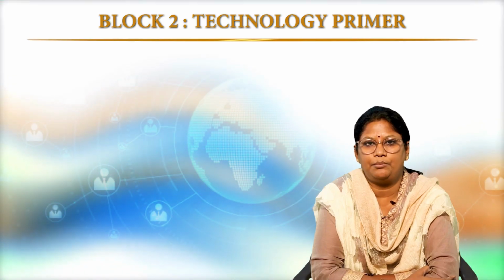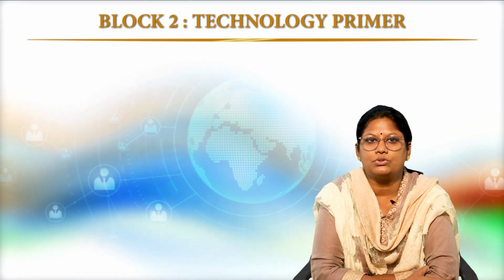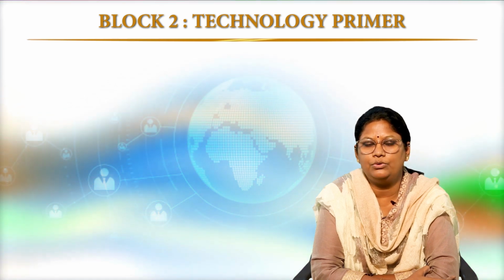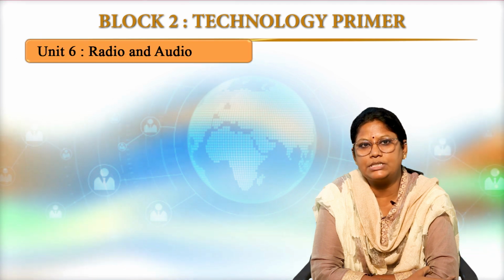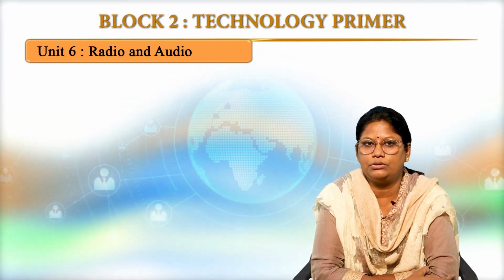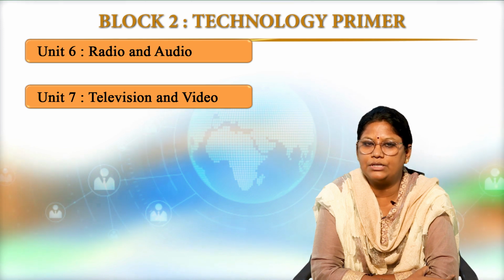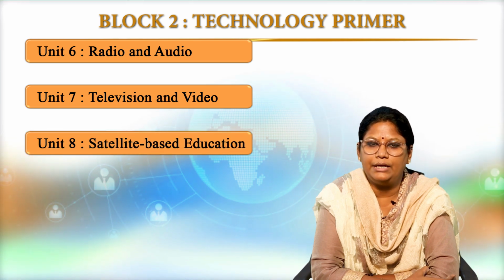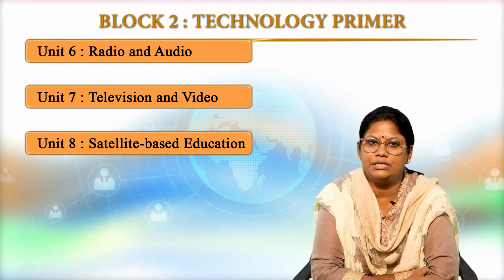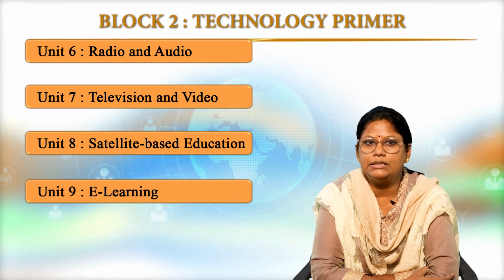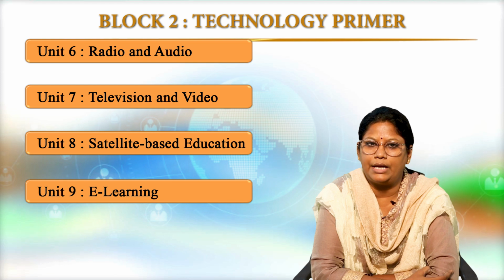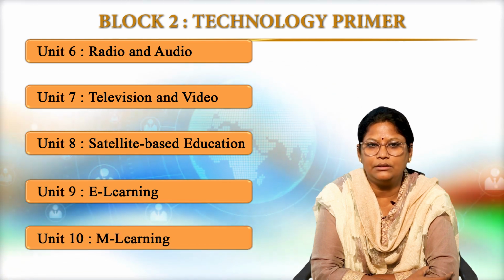So, what is covered in Block 2? Let us see in detail so that it will be helpful for you to develop this activity. Block 2 is named Technology Primer. In this block there are 5 units. Unit 6 talks about radio and audio, Unit 7 talks about television and video, Unit 8 talks about satellite-based education, e-learning is discussed in Unit 9 and m-learning is discussed in Unit 10.